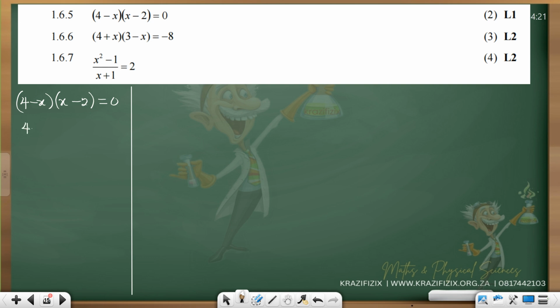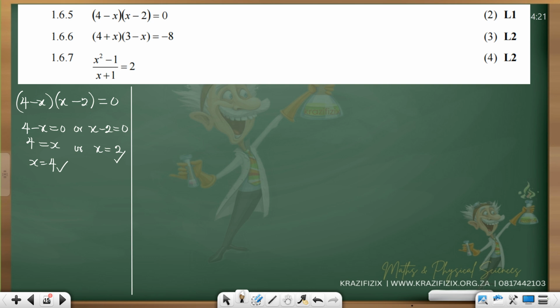So what do we have? 4 minus x equals to 0, or x minus 2 equals to 0. This gives us 4 equals to x, which is better written as x equals to 4, or x equals to 2. We are done there very fast. 1 mark there and 1 mark there. It is already equals to 0, there is no need to do other stories.